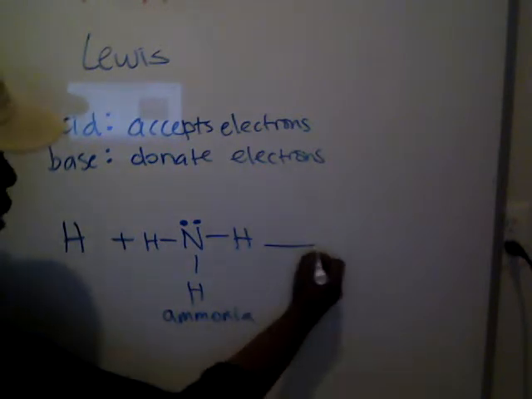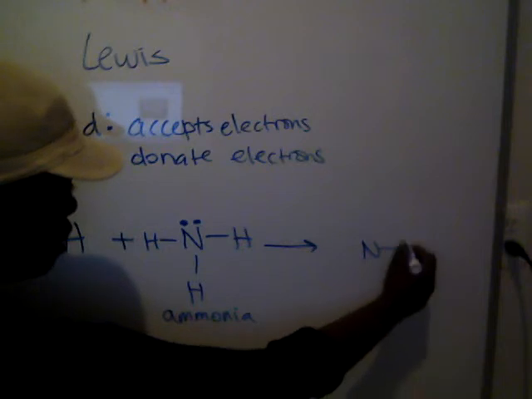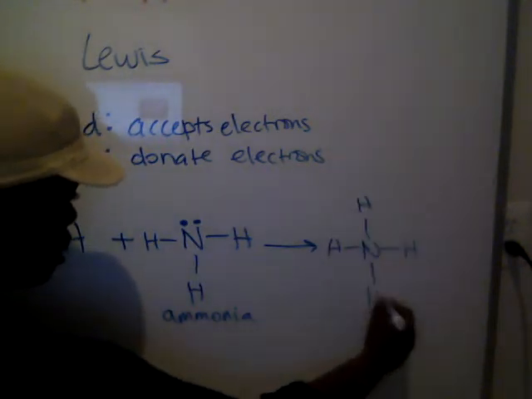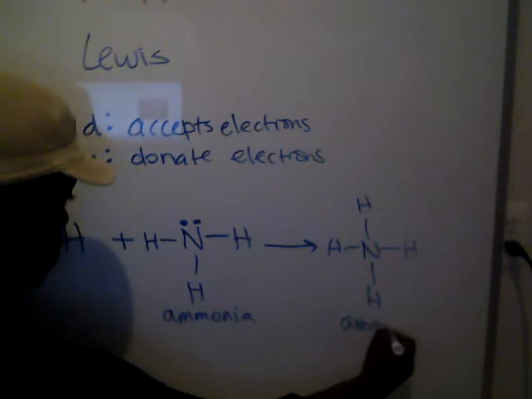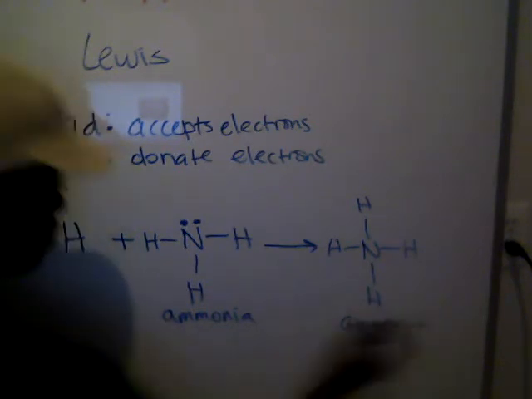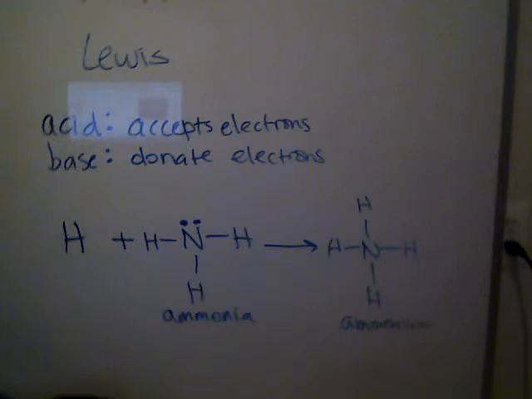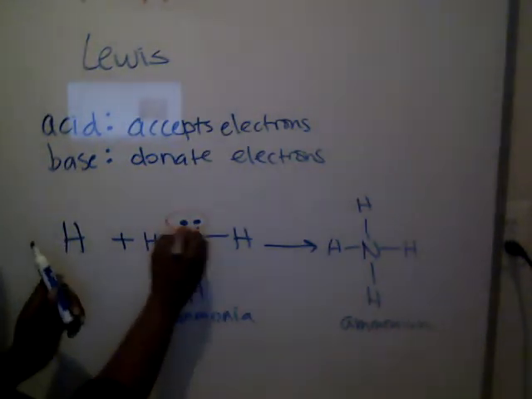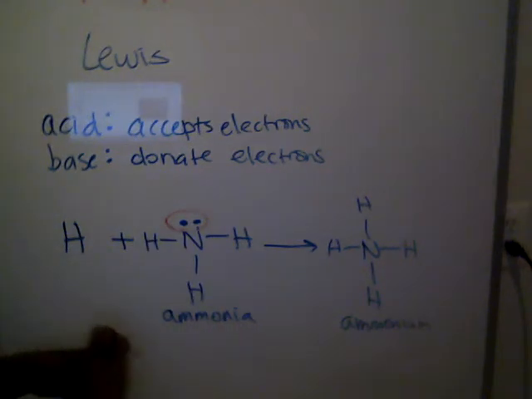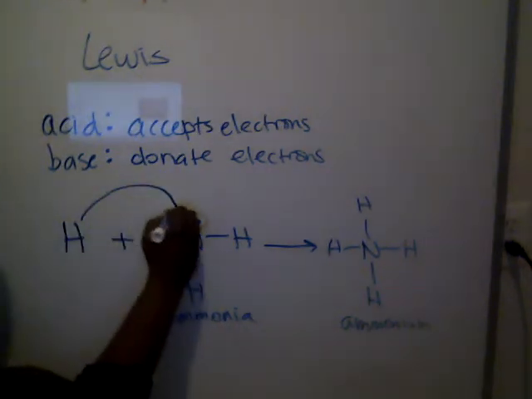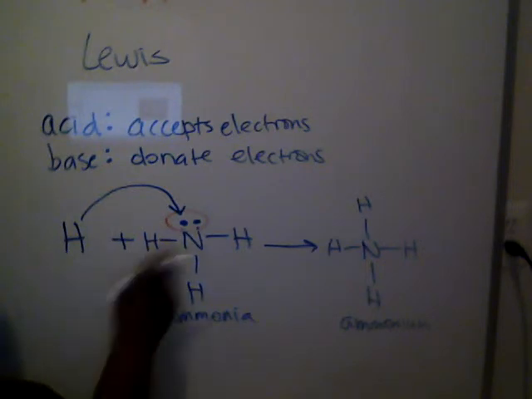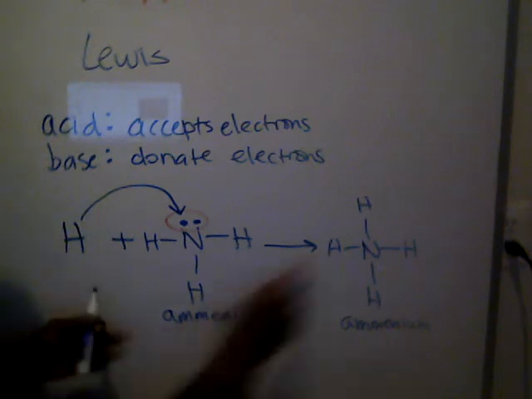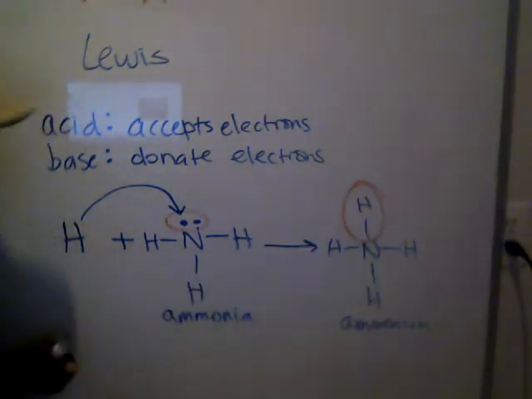And we want to make ammonium. So the way that this would work is we see these extra electrons here on the ammonia. What would actually happen is the hydrogen would just go and attach to those electrons. So the ammonia would be donating or giving its electrons to hydrogen to make this new bond.